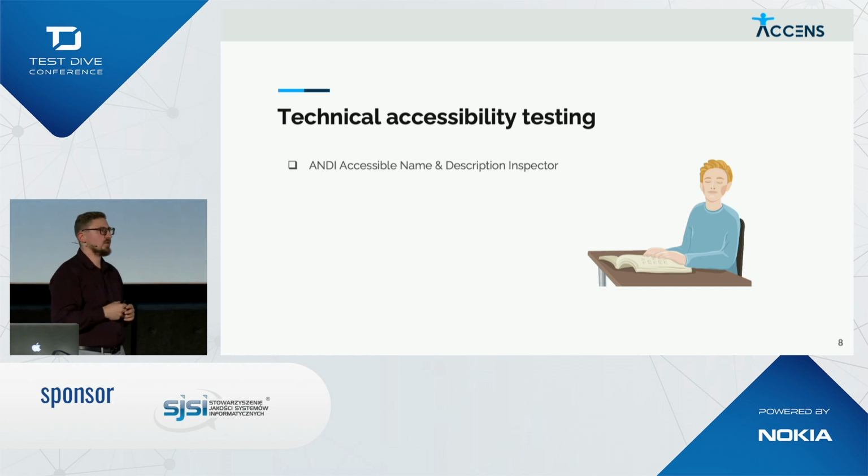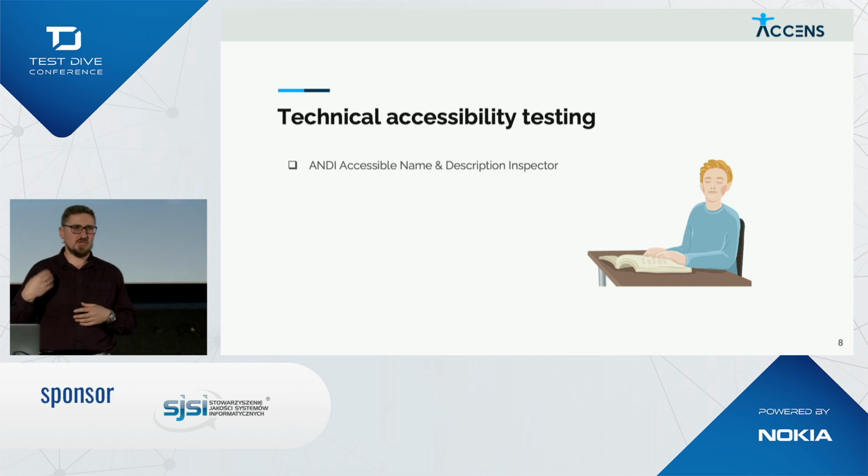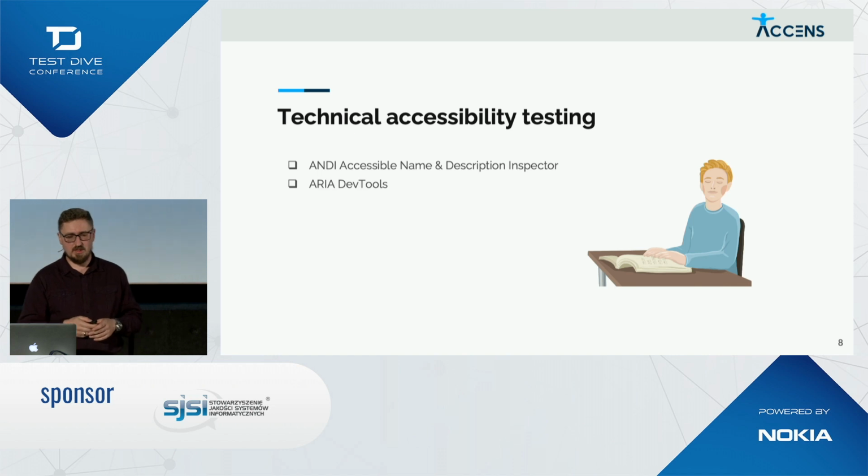Axe is not really software, it's a kind of script which you can inject into your website and check your website across pages you choose for compliance with WCAG. It finds issues and highlights them, so you can go through components and see what the issue is there.